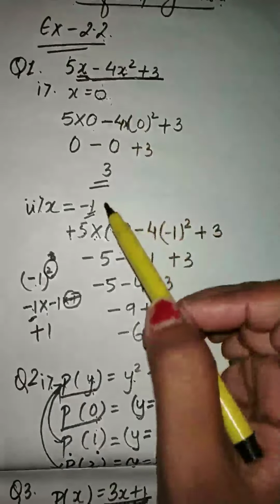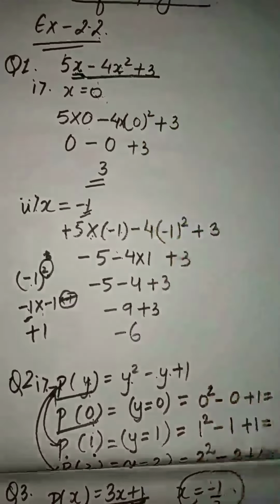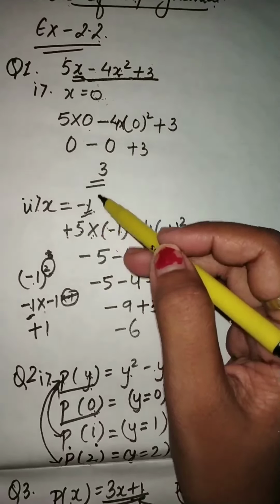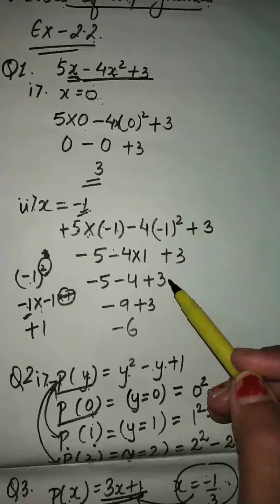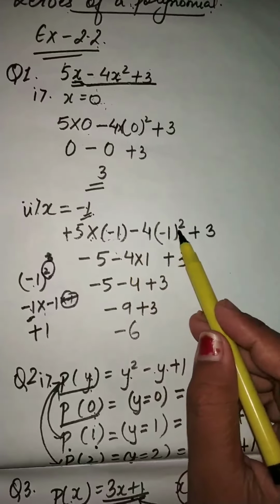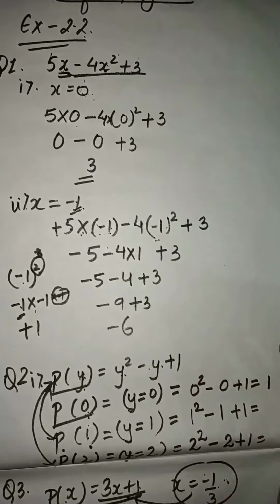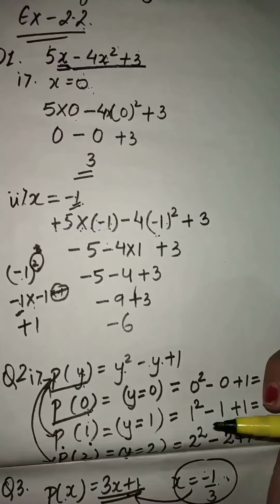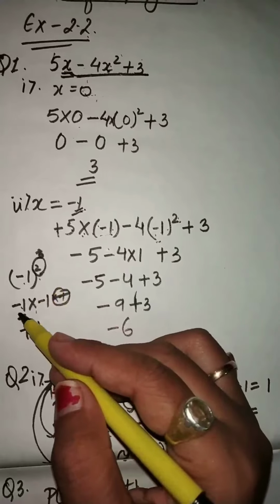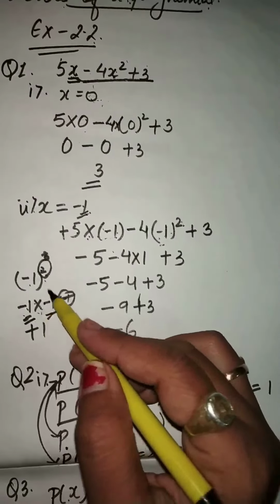In the first one x was given as 0, so we put 0, but in the second one the value is minus 1, so put minus 1 instead of writing x, here also. Then we simply solve it. Now minus 1 square, what does this mean? It means minus 1 multiplied with minus 1, two times.